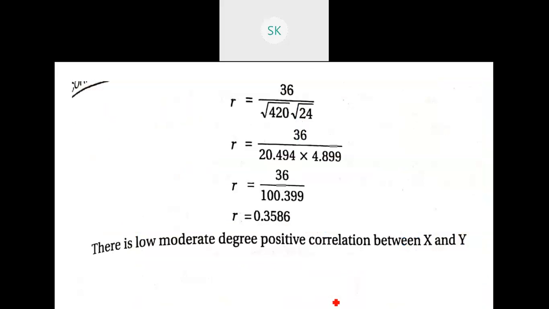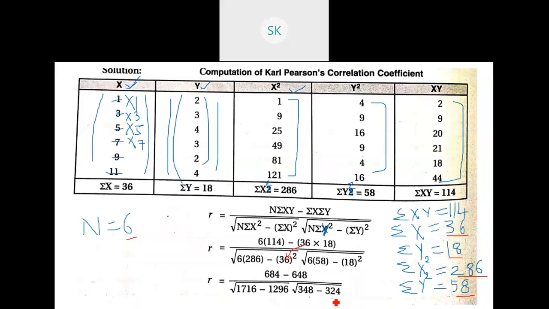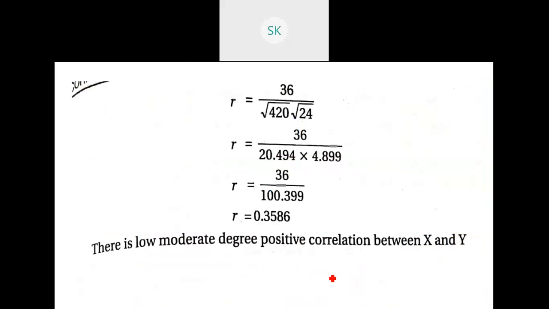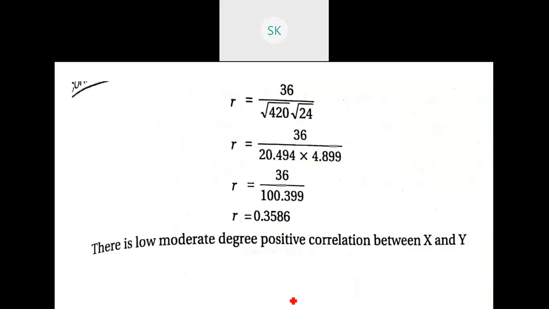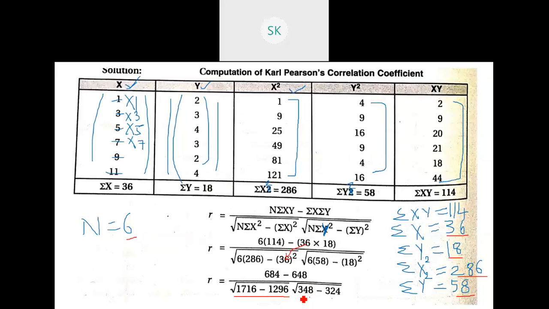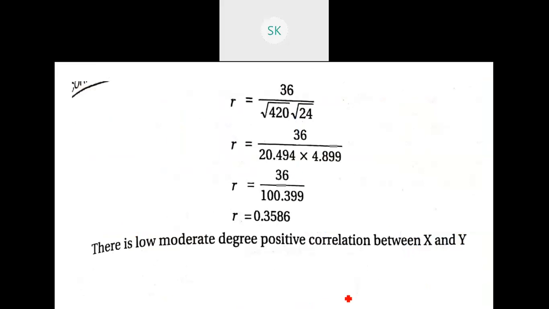Going further, 684 minus 648 is 36, the first square root gives 420, and the second, 348 minus 324, gives 24.